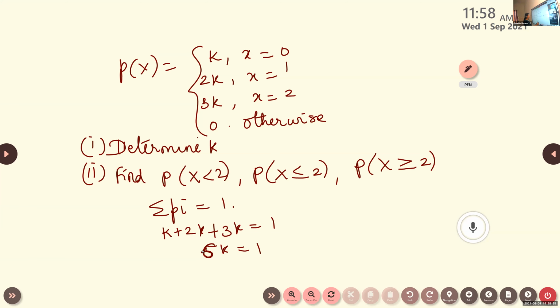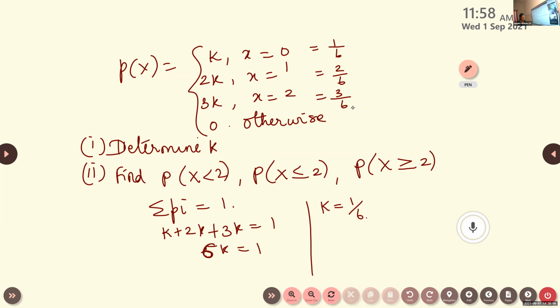Therefore, what is the value of k? Yes, children, k is 1 by 6. Is it correct, Aditya? Yes, ma'am. So once you get this, we can rewrite it. k is 1 by 6, here it will be 2 by 6, and this one will be 3 by 6.